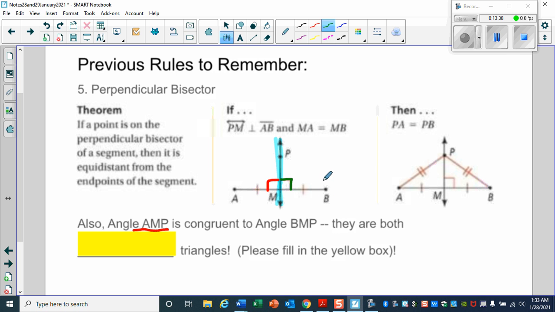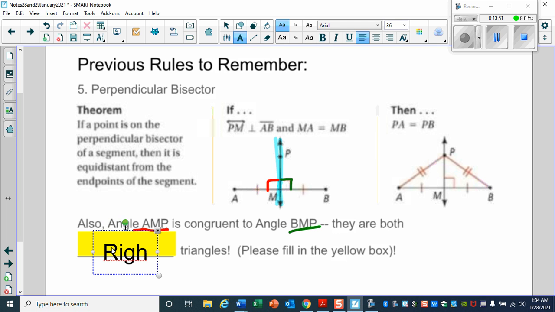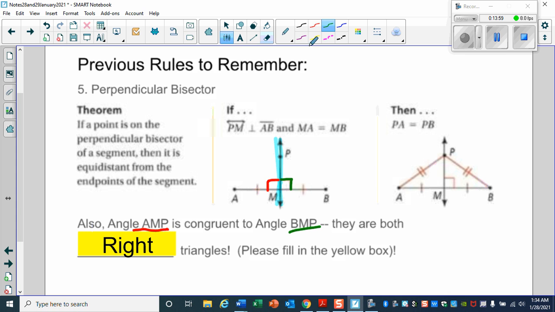Start at B, you go to M, then you shoot up to P, and they are both right triangles. Right triangles. And that box tells us 90-degree angle. Same thing here. Box, 90-degree angle.